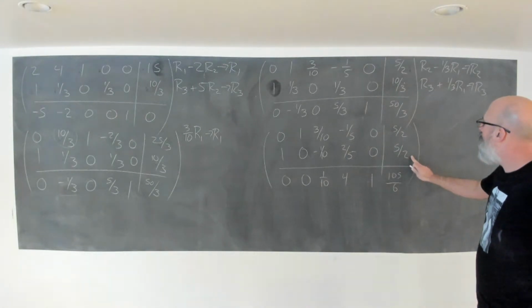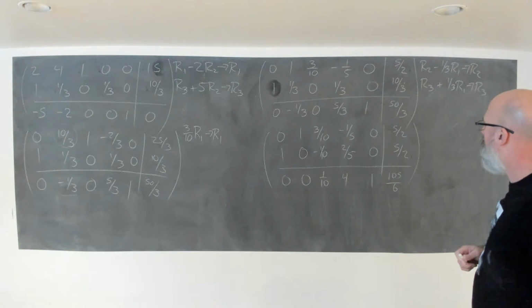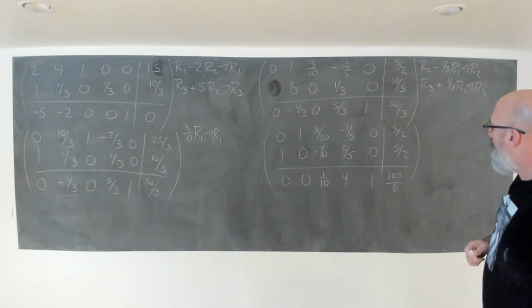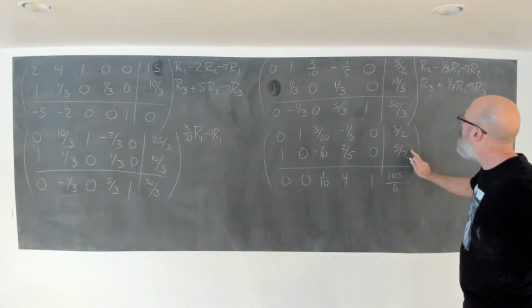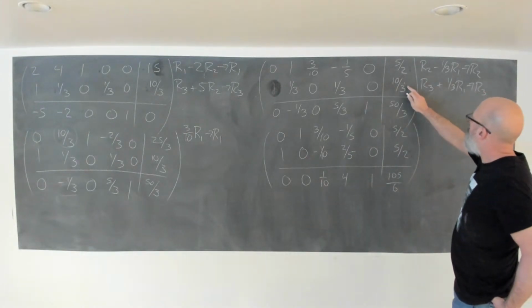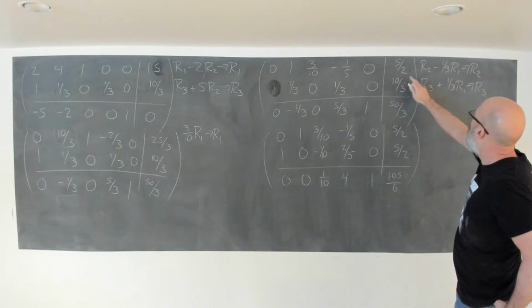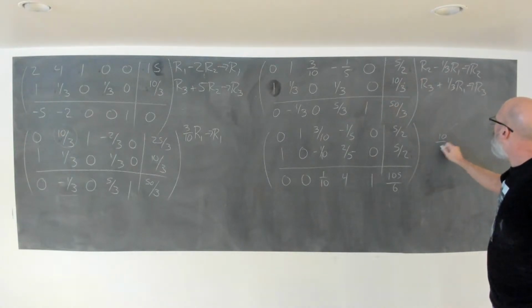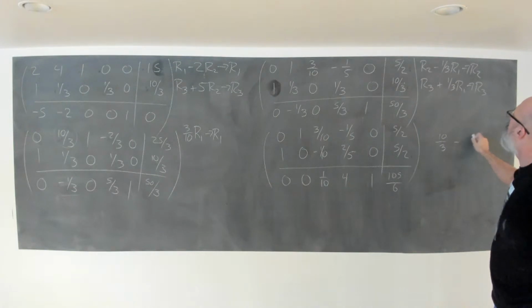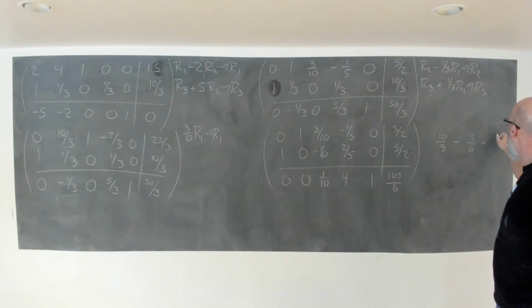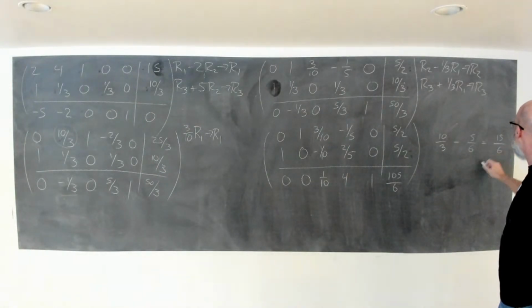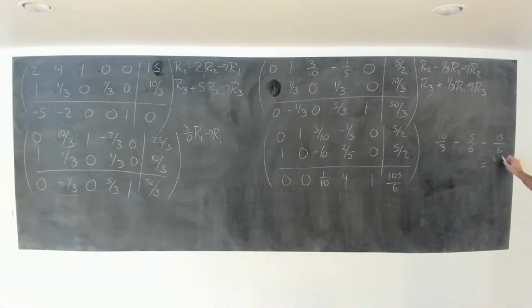Did you mean this one here? Well, we'll see. Going under it. So that was 10/3 minus 5/6. So 20 minus 5 is 15/6. 3 times 5, 2 times 3, 5/2. I want to say 5/2 still.